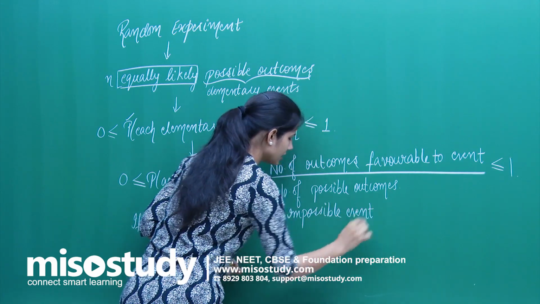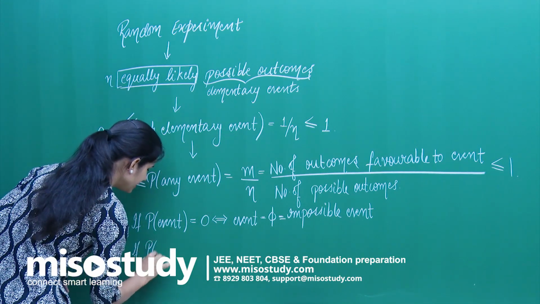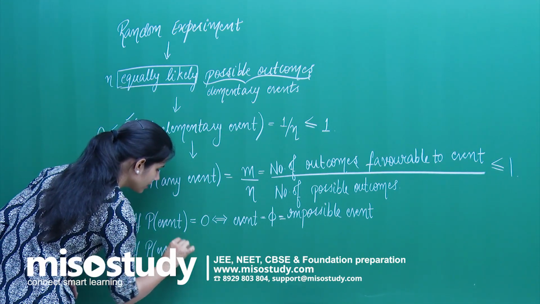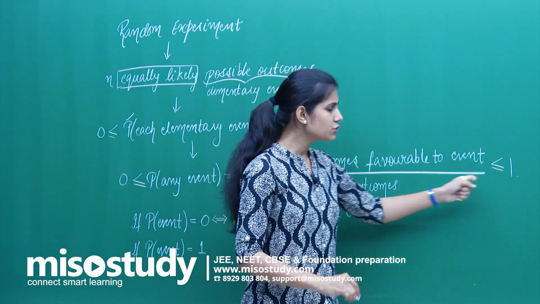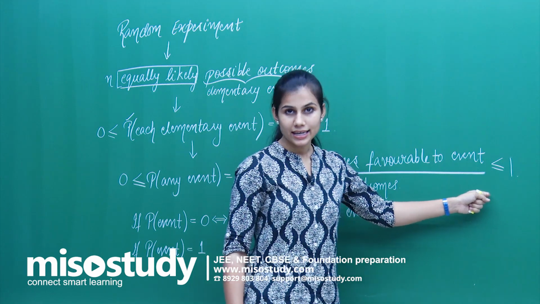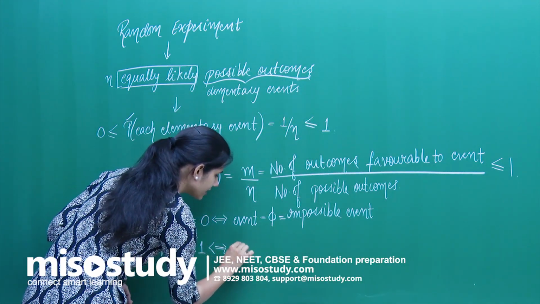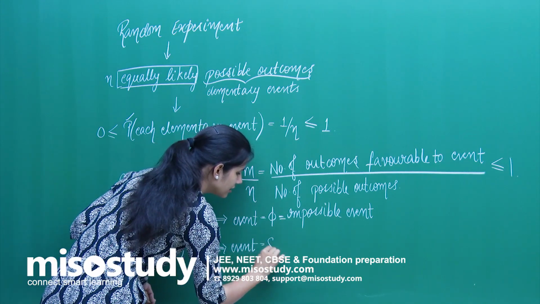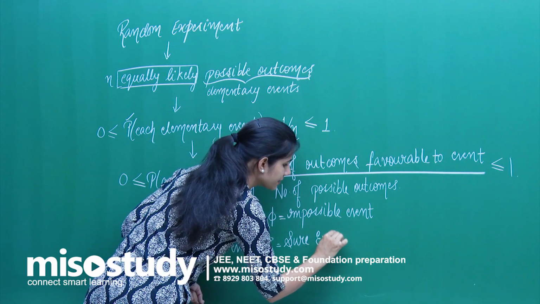And if the probability of some event turns out to be exactly equal to 1, this can only happen if the event is the sure event, that is the sample space.